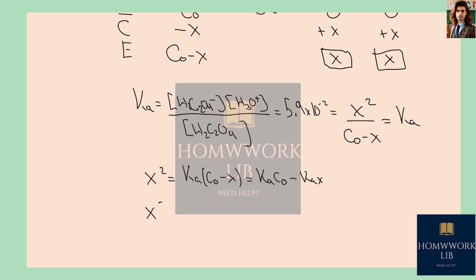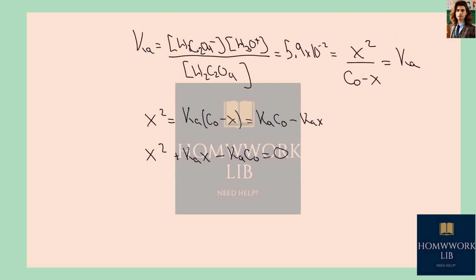Thus, x squared plus Ka times x minus Ka C0 needs to be equal to 0. Replacing the values, x squared plus 5.9 times 10 to the minus 2 times x minus the product of Ka with C0, which numerically is 0.013157, needs to be equal to 0.